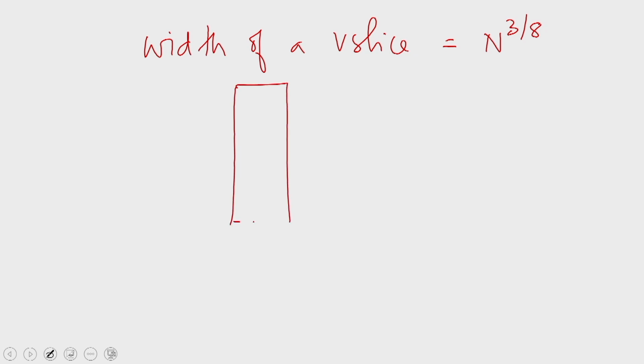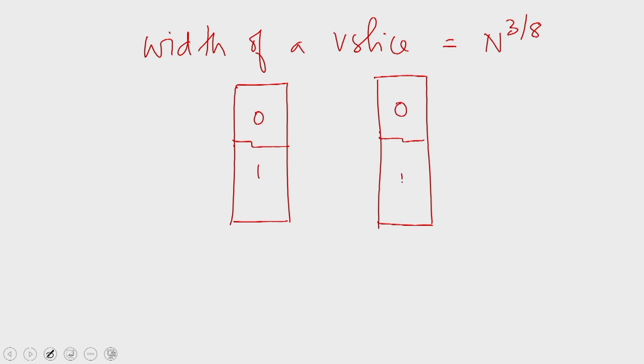In particular, if I consider a vertical slice with the least number of ones and the most number of ones, the kinks in them differ by at most n power 1 by 4. But the width of the vertical slice is n power 3 by 8, much larger than n power 1 by 4.